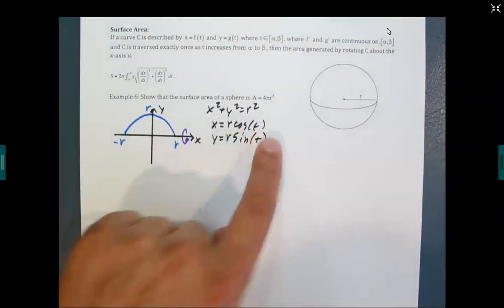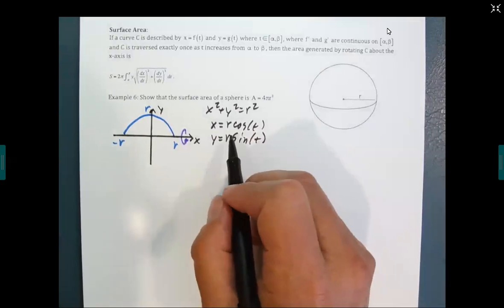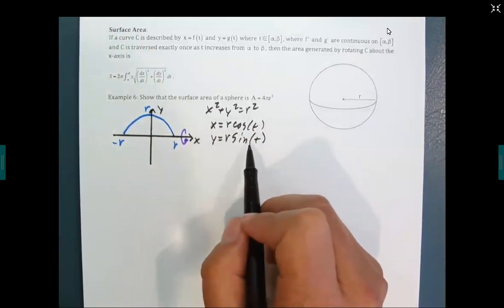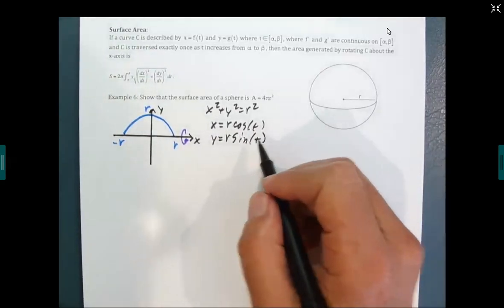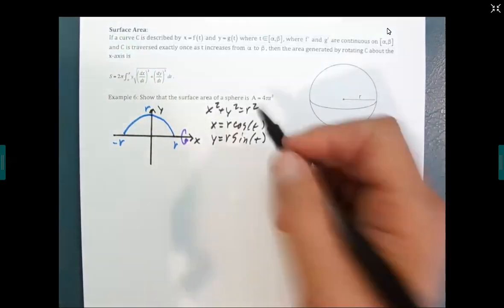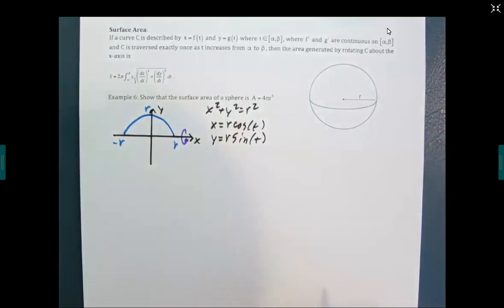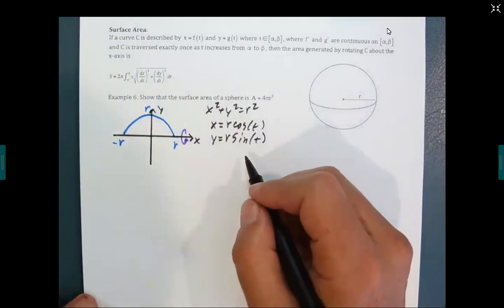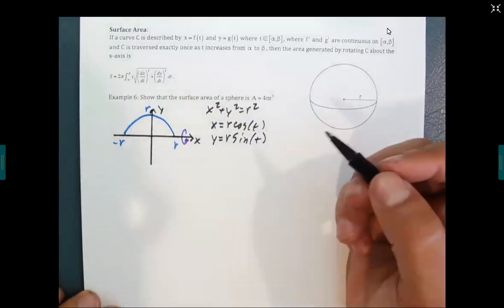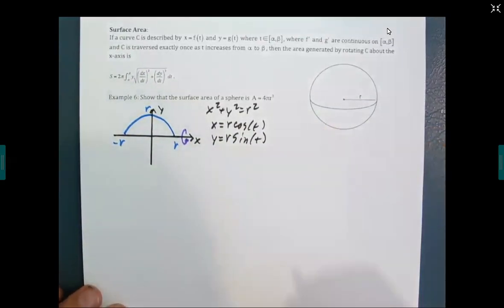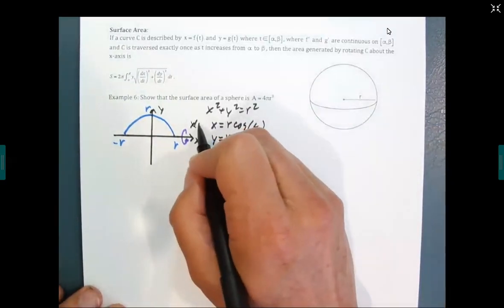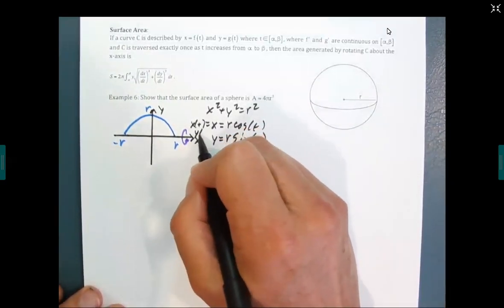So this exactly describes this here. You can see if you were to do this squared plus this squared and divide out the r squared, here you're going to end up with the unit circle. Oh, I'm sorry, with the circle with r squared as the radius. So here are our parametric equations.